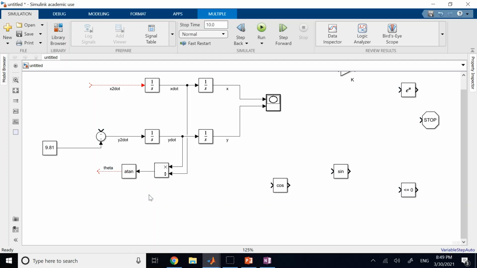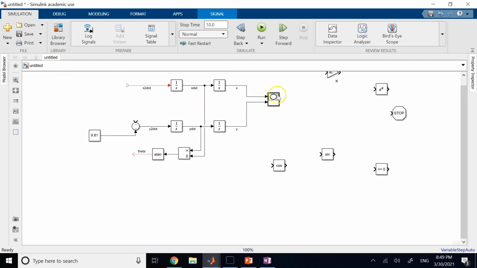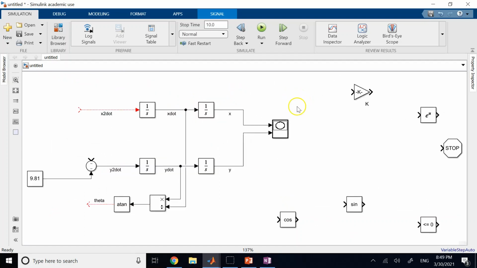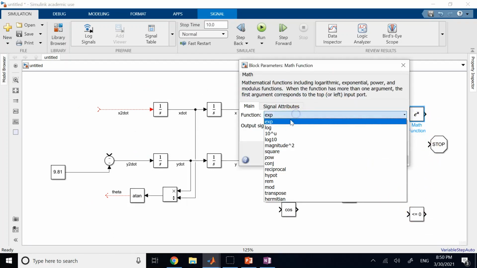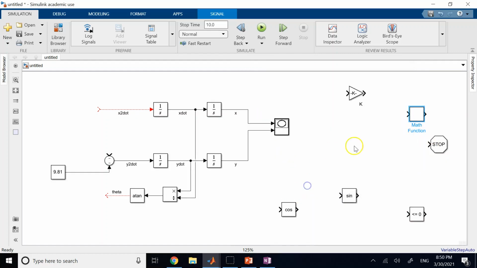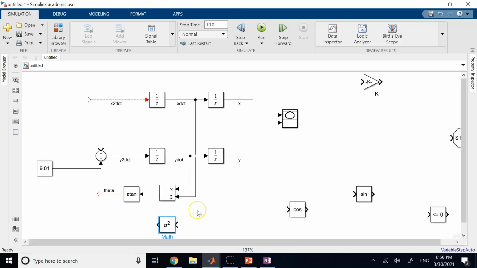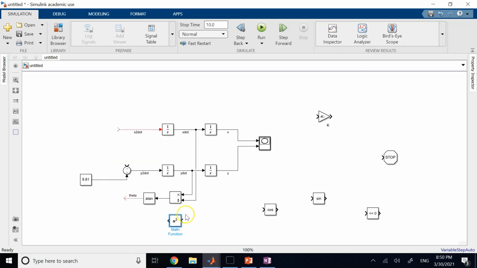And now you also need the drag force. For that you need to square both x dot and y dot. So you bring this math function and change it to a square function. Now here you need to square both x dot and y dot.